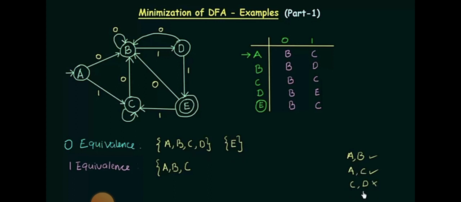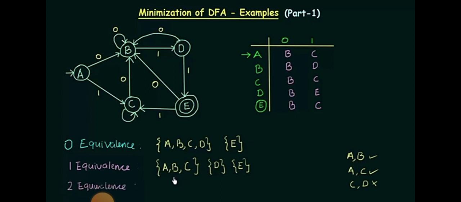So let's close the first set and make another set for D, and make another set for E, the final state of our DFA. Let's continue to the two equivalence, where we make another set of states.